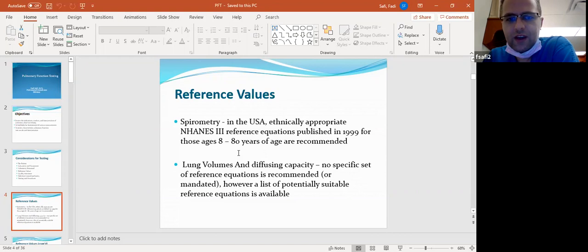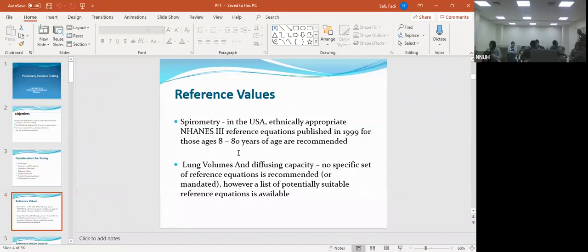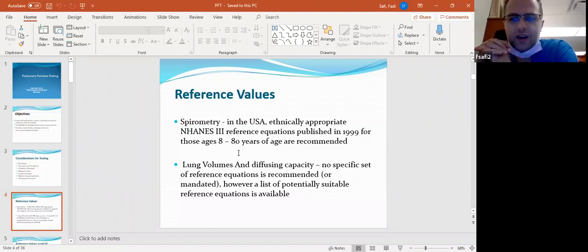What they did is that they studied a lot of healthy individuals from the age of 8 to 80, looked at the reference values for these individuals, and decided on what the normal values are for the PFT testing, for the spirometry and the lung volumes and everything. For the lung volumes and diffusing capacity, they did not specify certain values, but they have some equations that relate the lung volumes to the height and the weight of the individual.